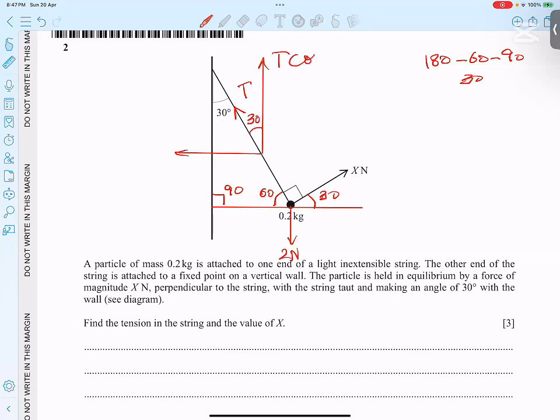This is T cos 30, all clear, and this is T sine 30. I have resolved the T force. Now let's talk about X with the 30 newton, for angle 4. This is obviously because 30 is mentioned here. So we have X cos 30 and we have here X sine 30.